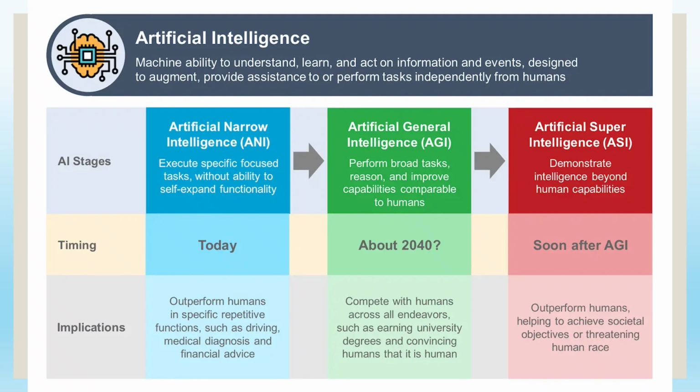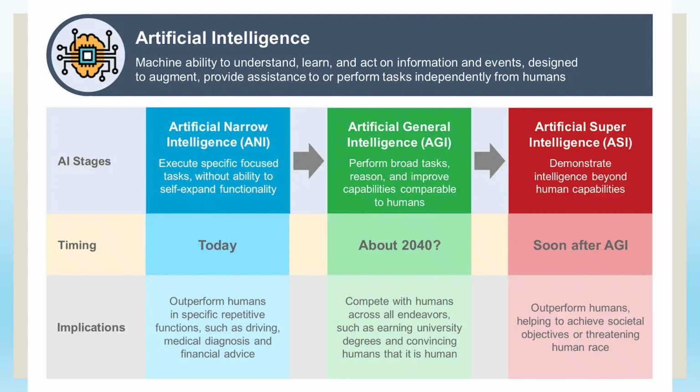The one after that, targeted for about 2040, is artificial general intelligence, AGI. It will perform broad tasks, reason, and improve capabilities equal to humans.